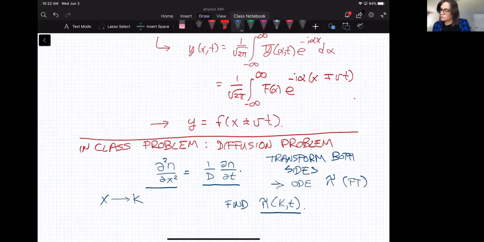So the idea here is ultimately what you're going to be able to do is take this partial differential equation, which is not the most difficult partial differential equation to solve, I realize, but transform it into an ordinary differential equation and then write the solution. Now, I'm not asking you to transform it back using the inverse transform. What I want you to do is set up and solve for what the transformed n is.